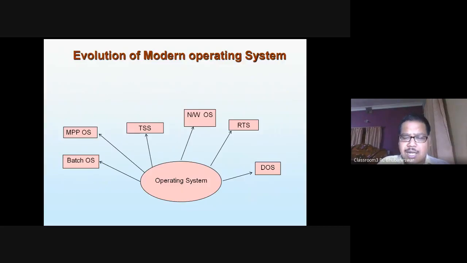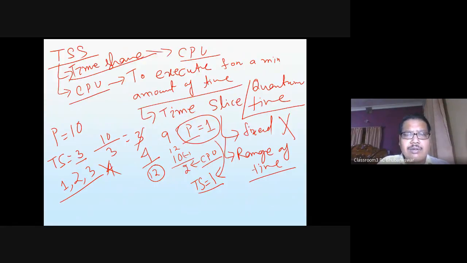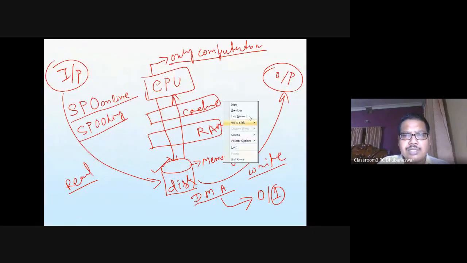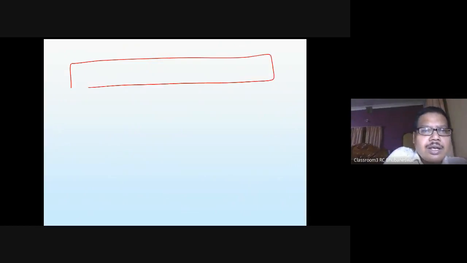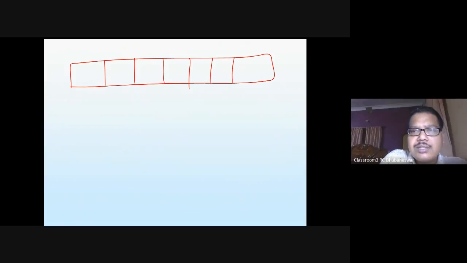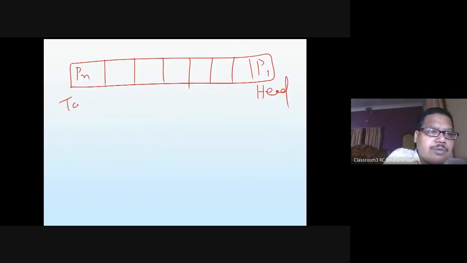When does the last process come? Let's take a queue, and in this queue there are many processes, P1 up to Pn. This is the head of the queue and this is the tail of the queue.